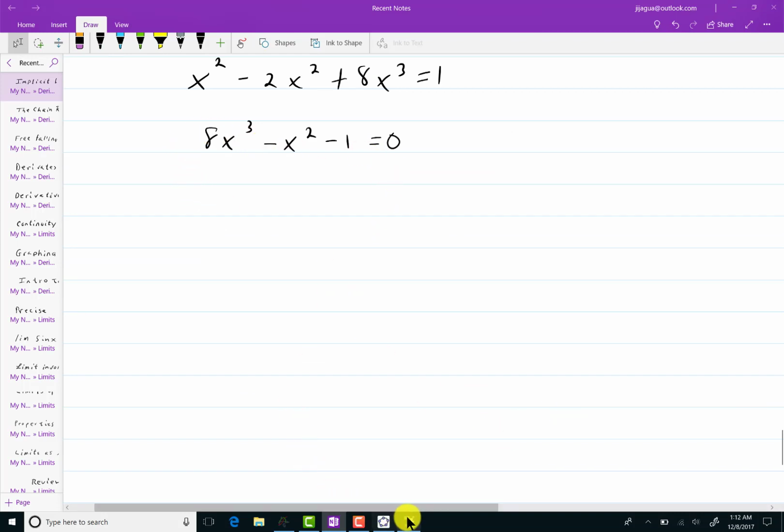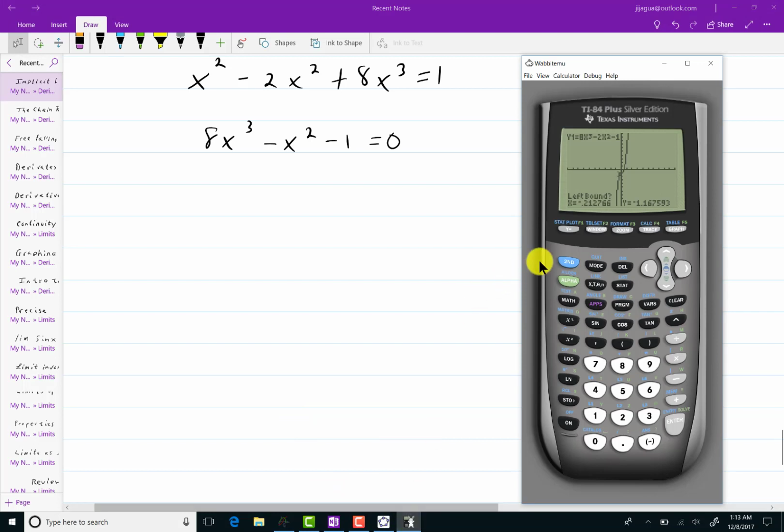So I'll go to my calculator. Y equals, let me just delete that out of there, and zoom 6. Let's see what happens. Okay, now you can use your calculator's calc button. Go to second, trace, and it will give you the calculate menu.